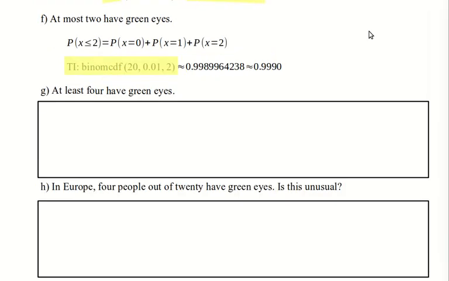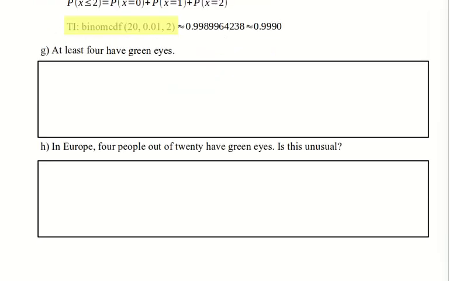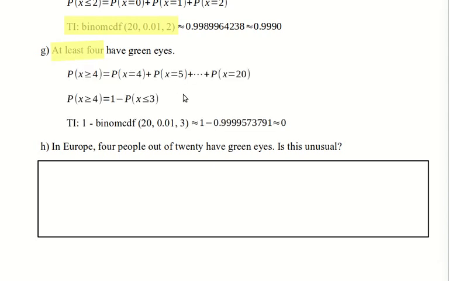The next question asks us what is the probability that at least 4 people have green eyes. This is not something that we can compute directly with the binomial cumulative distribution function. Remember that it starts with 0 and goes up to x. But we can use the idea that these are complements. What does it mean to have at least 4?